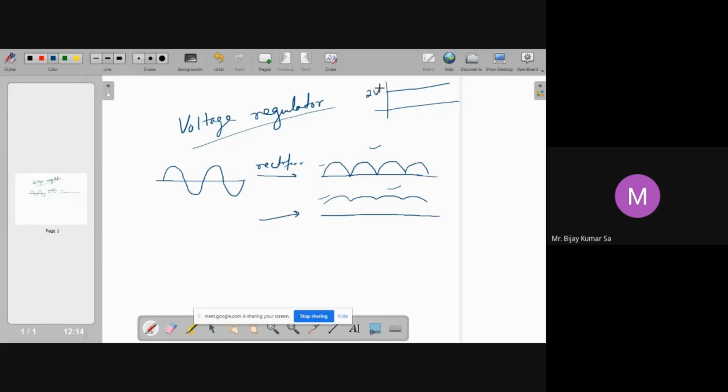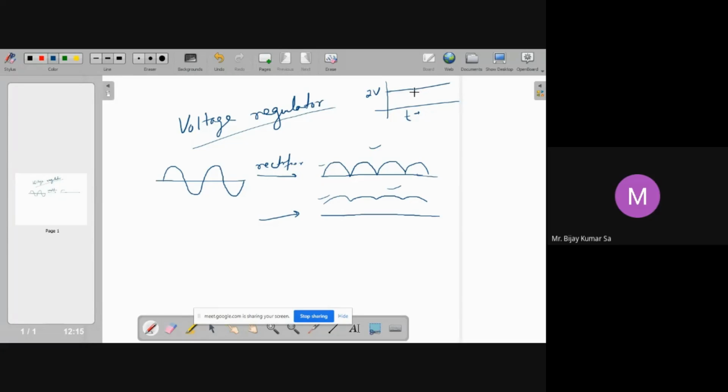Let's say I want 2 volt DC. Over time the voltage should not change. That is the most desirable form of DC voltage we want to have. A DC source should give us a voltage signal somewhat like this.